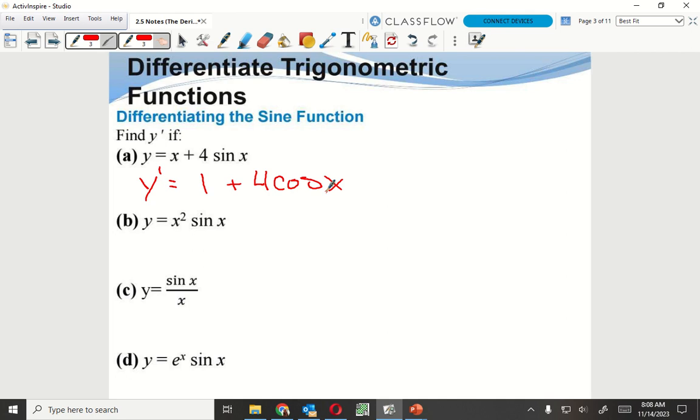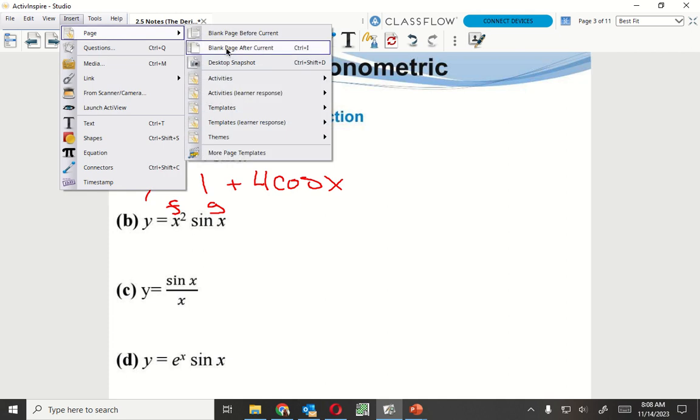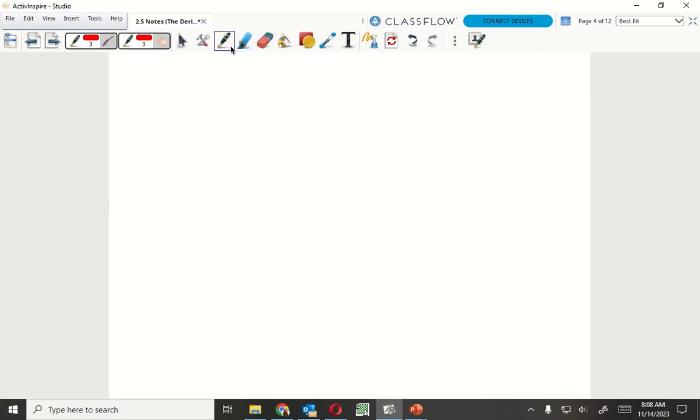Product rule, right? Because I have x squared times sine x. So I have 2 of these x's being multiplied together. If I say that this is my f and this is my g, I need some more room to actually do this one. So this is f, this is g.